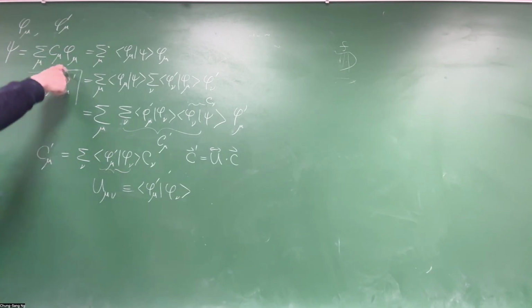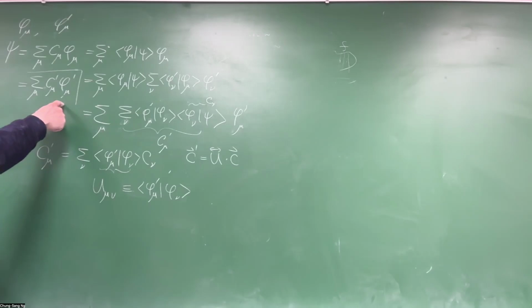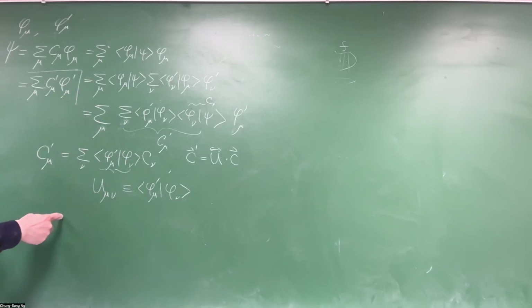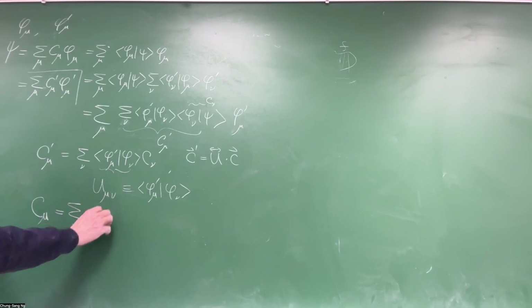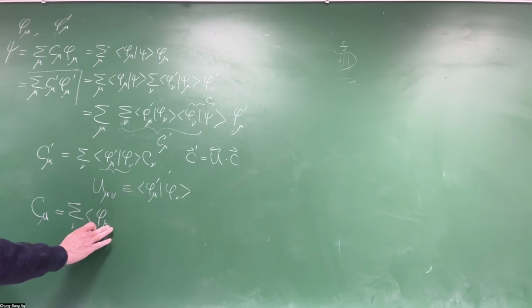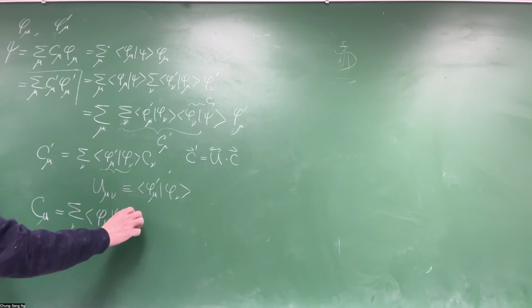Basically, it's inverting the whole thing. So you can say they're just changing prime and non-prime. So C nu is just the sum over mu, now changing prime and non-prime, of phi nu and then phi nu prime.